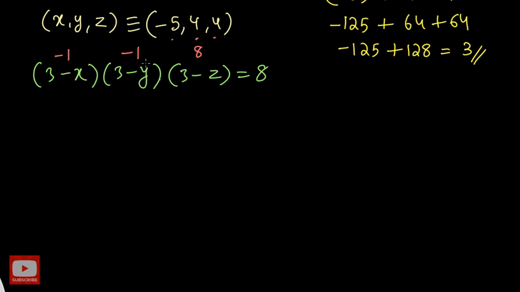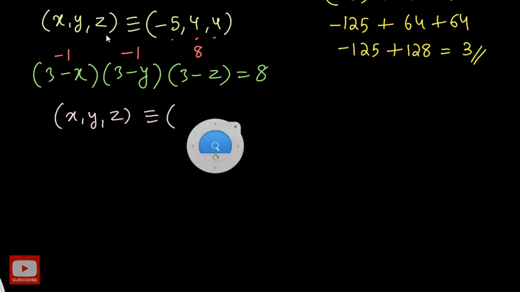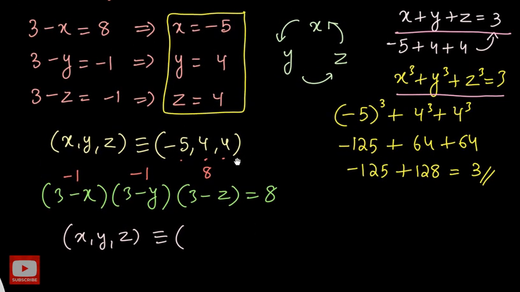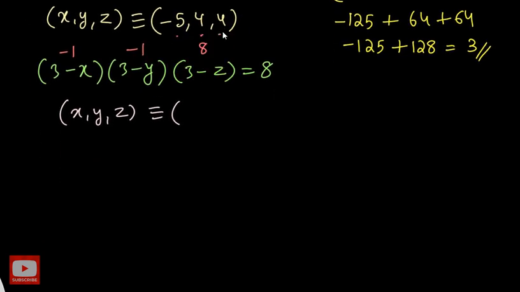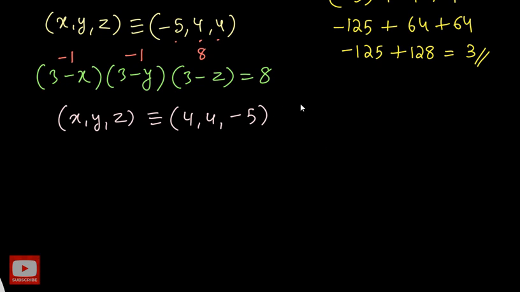You can go back and check this. For minus 1, we get 4, 4, right? If you equate it to 8, we get minus 5. So that's what happens here also. For minus 1, we get 4 and 4 as the solution, and the last one will give us minus 5. So these still will be the solutions.